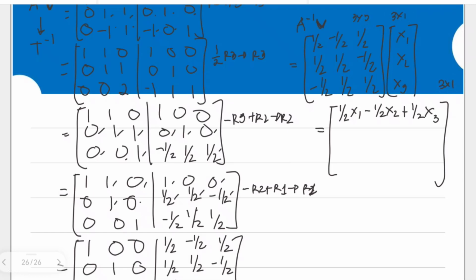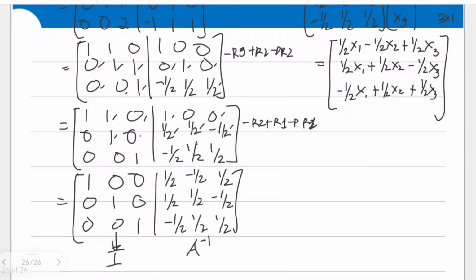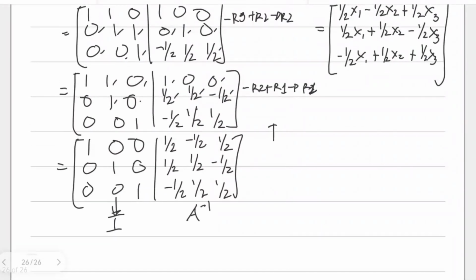You will have only one column. Next, positive 1 half of x sub 1 plus 1 half of x sub 2 minus 1 half of x sub 3. And you have negative 1 half of x sub 1 plus 1 half of x sub 2 plus 1 half of x sub 3. This would be the components of your result. I don't know if the spaces are enough. Let's make this here.